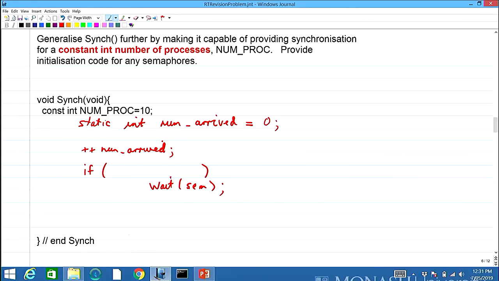So, yep, you want to check the number of arrivals. And numproc is what we want to check it against.